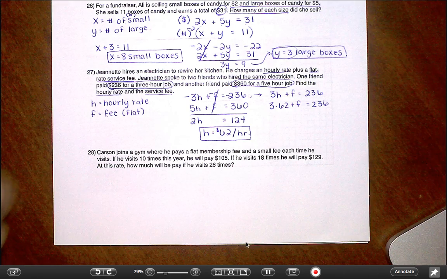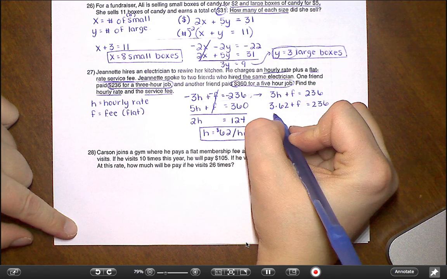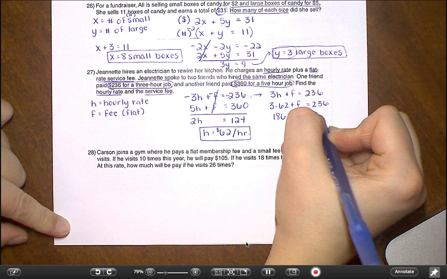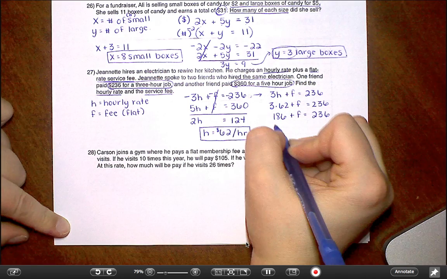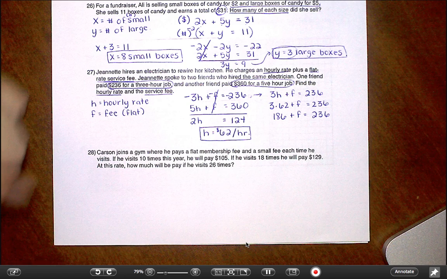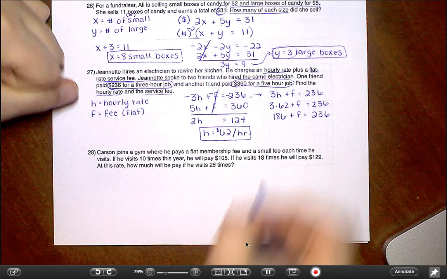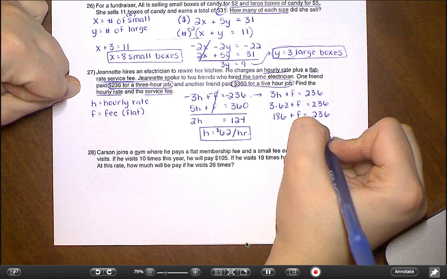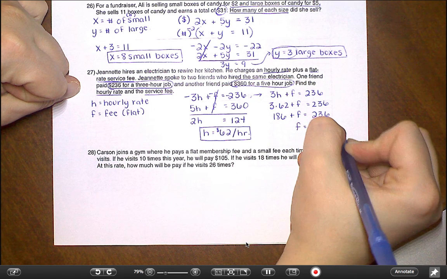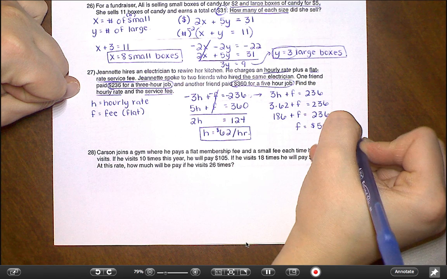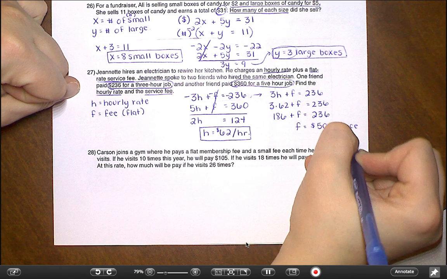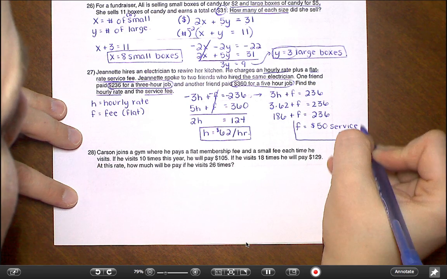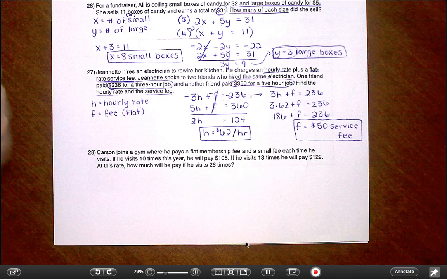Well, 3 times 62 is 186, so this is 186 plus f equals 236. I'm going to subtract that 186 from each side, and I think that's going to give me a difference of 50. So a $50 service fee. Okay, and if you went back and double checked the numbers on the 2 friends' claims for what they paid, it should work out correctly.